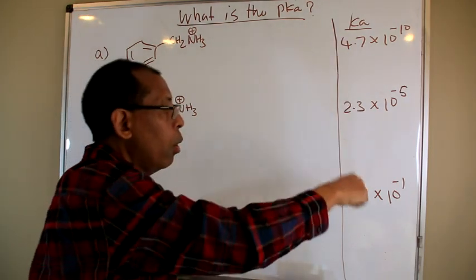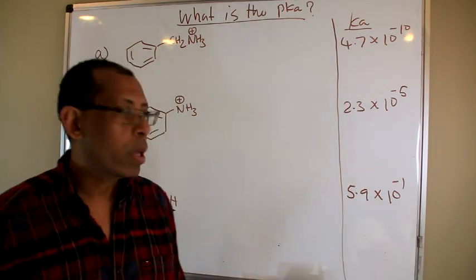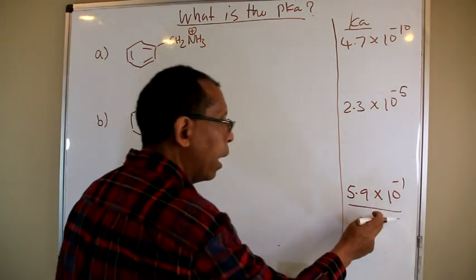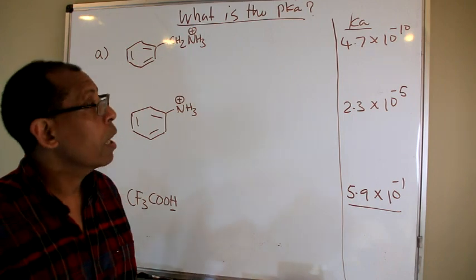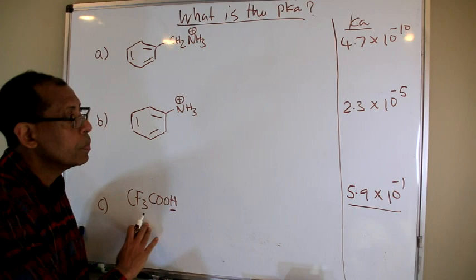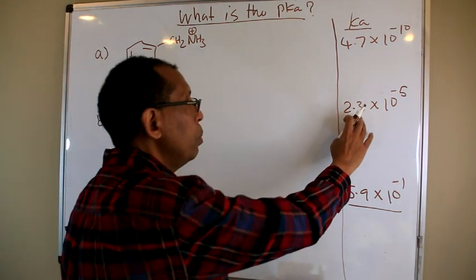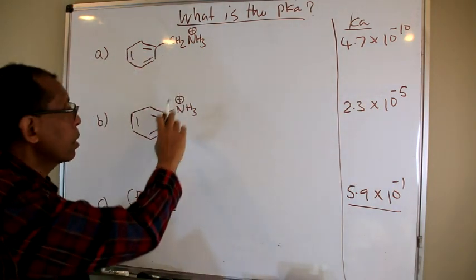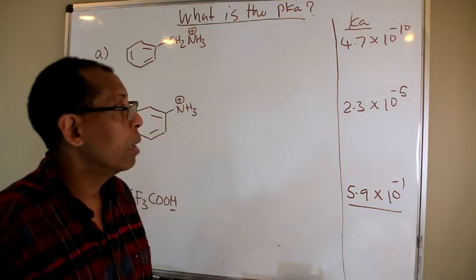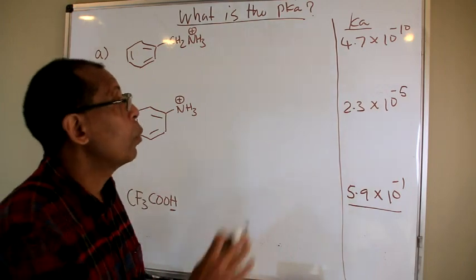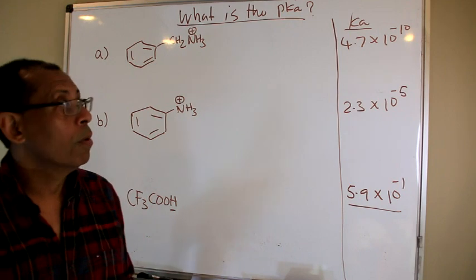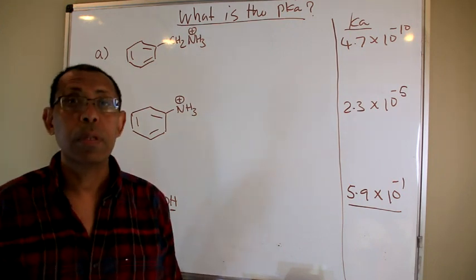Based on the Ka, or the ionization constant, we can tell that the strongest acid is this one, because a high ionization constant Ka value immediately shows it is the strongest acid. The next strongest acid would be B, which has a Ka value of 2.3 times 10 to the minus 5. The weakest acid is the top one with a Ka value of 4.7 times 10 to the minus 10.